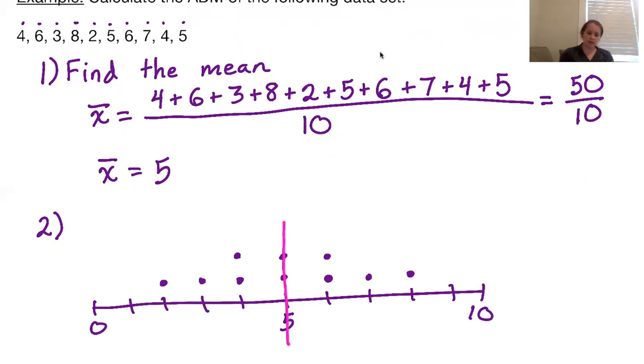So these 2 points right here are right at the mean. So they're 0 away from the mean. So these 2 points are distance 0 from the mean.